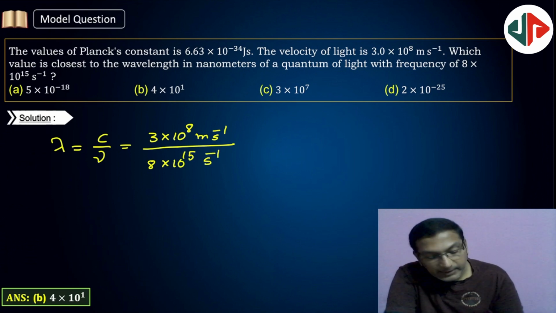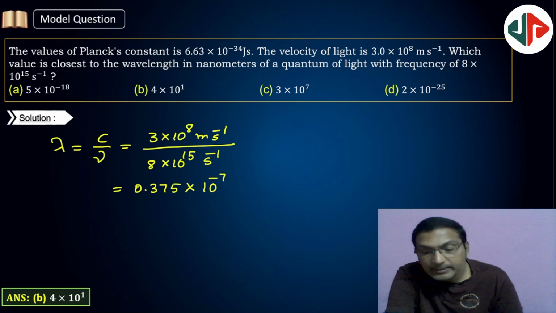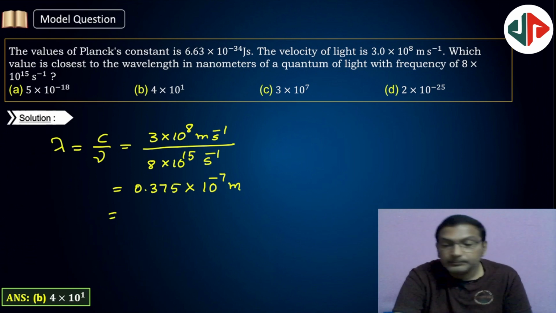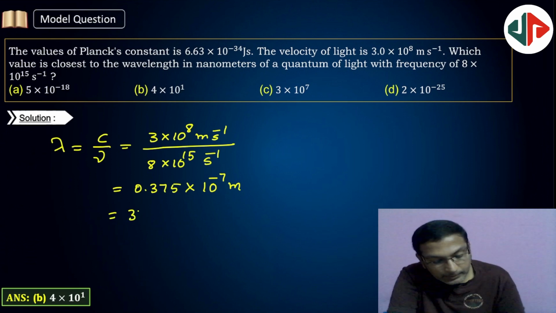So we'll get this value as 0.375 into 10 power minus 7 meters. So 37.5 into 10 power minus 9 meters.